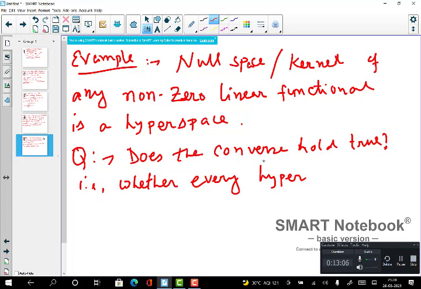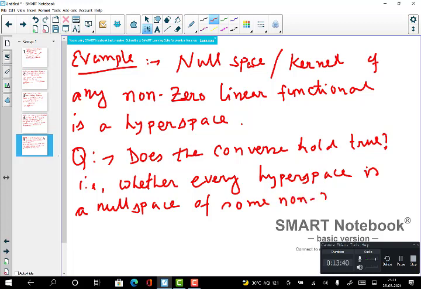So now I am asking the converse: whether every hyperspace is a null space of some non-zero linear functional or not. I don't know, I'm just asking.